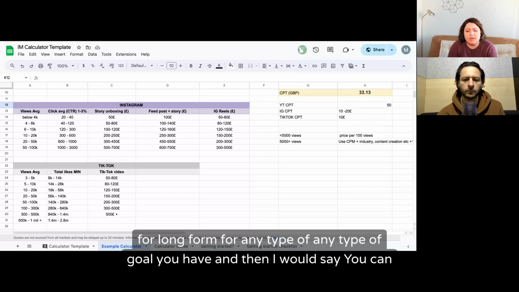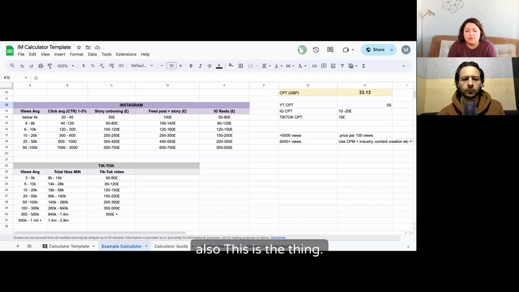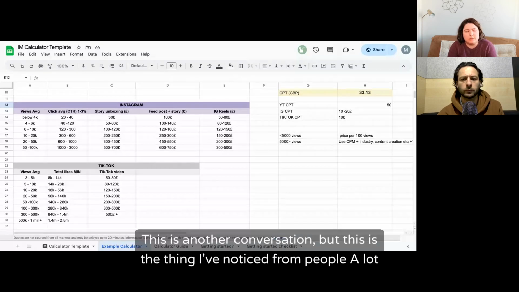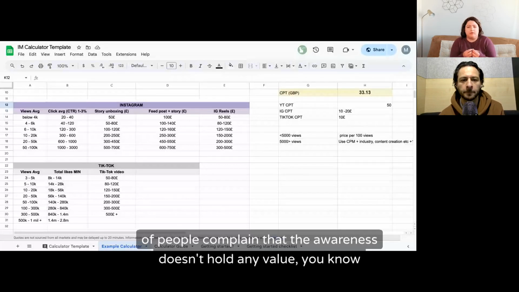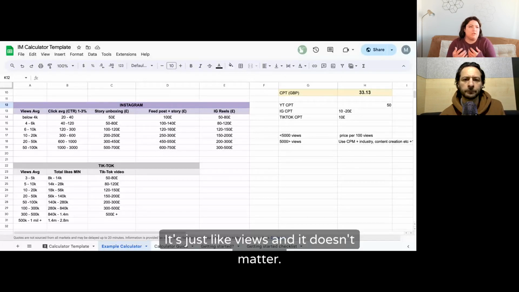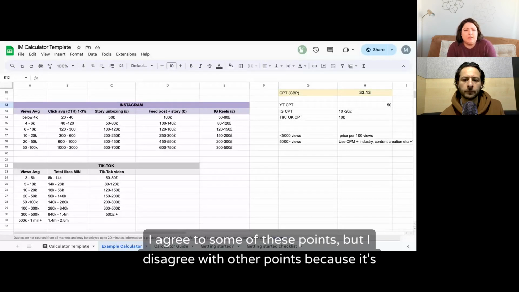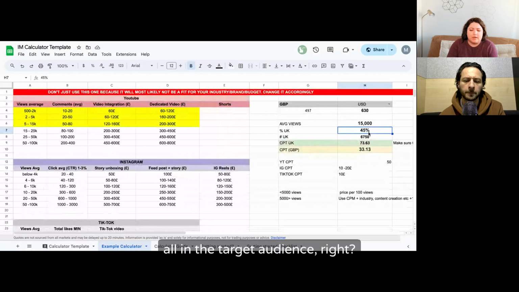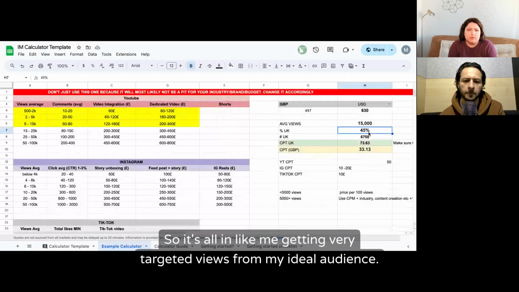This is another conversation, but this is the thing I've noticed from people. A lot of people complain that awareness doesn't hold any value. It's just views, and it doesn't matter. I agree with some of these points, but I disagree with others, because it's all in the target audience, right? It's all about getting very targeted views from my ideal audience.